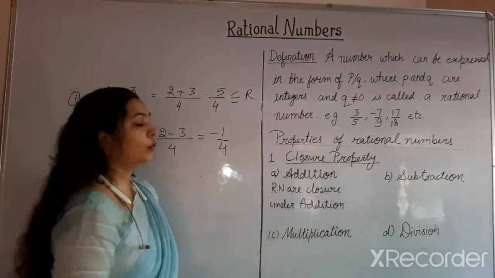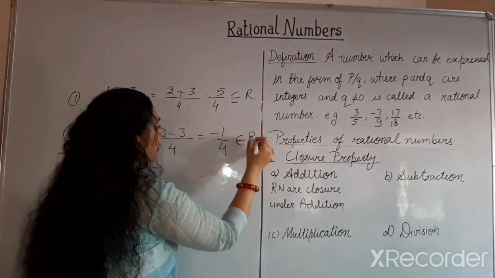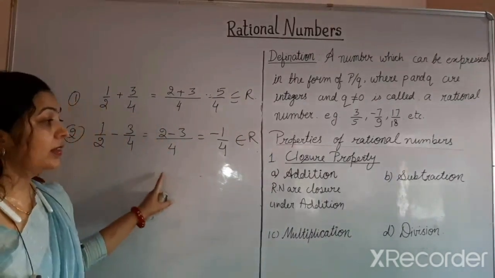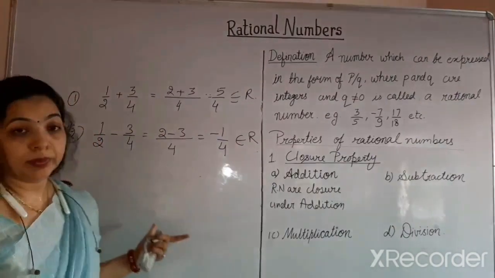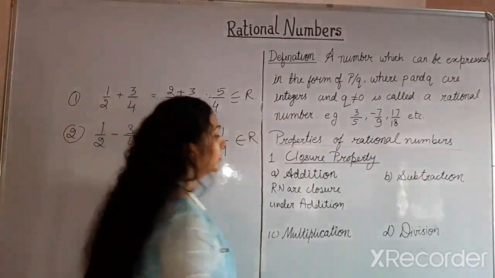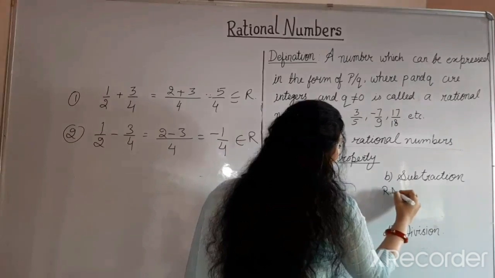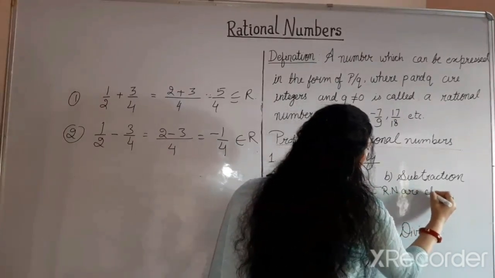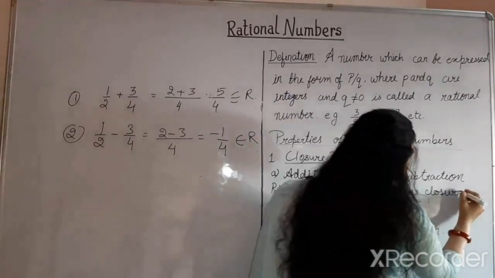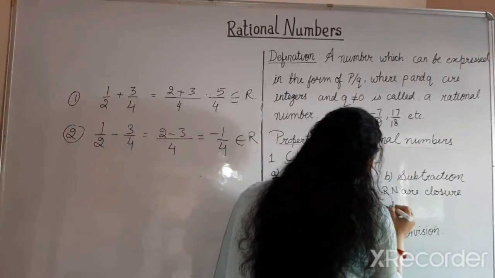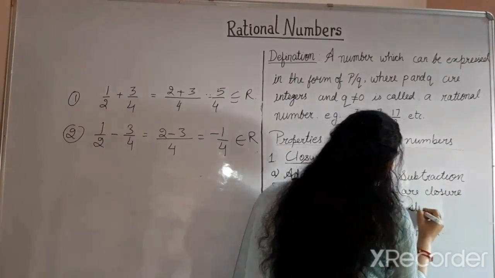So minus 1 upon 4 is also a rational number. We can say that the result of subtracting any two rational numbers is also a rational number. So we say that rational numbers are closed under subtraction.